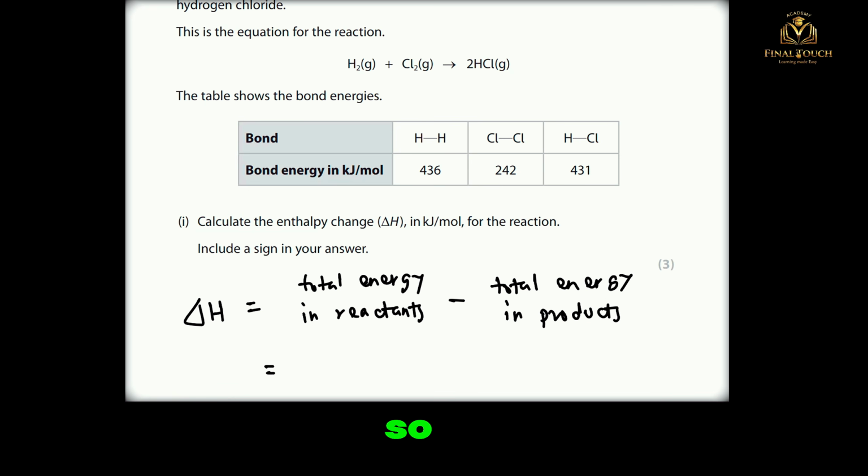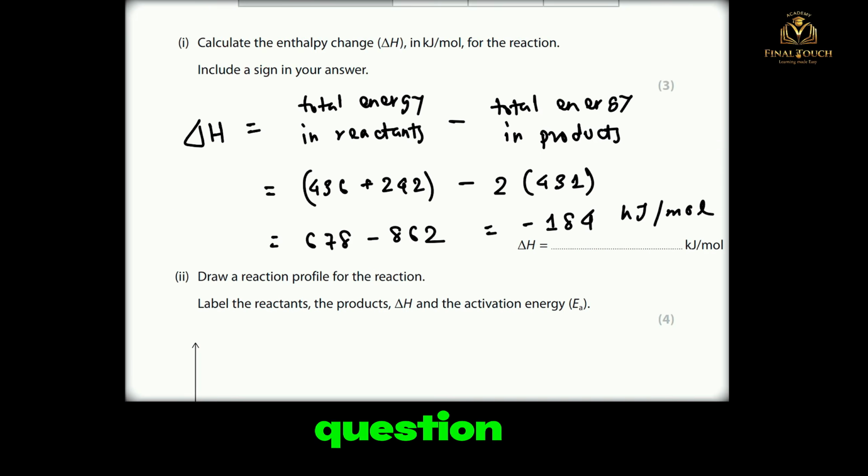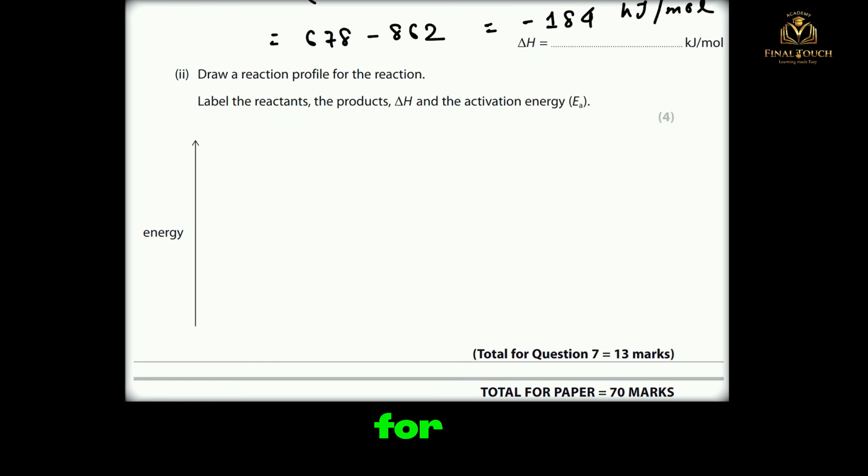So the total energy in reactants should be 436 plus 242, minus, there's 2 HCl, so we multiply 2 by 431. So we get 678 minus 862. The answer comes as minus 184 kilojoules per mole. That's a simple question.